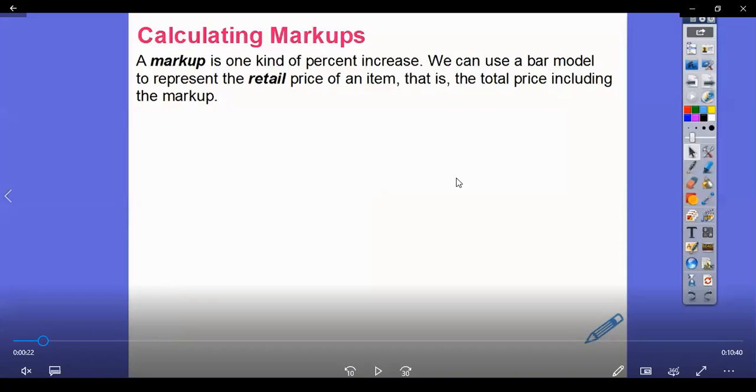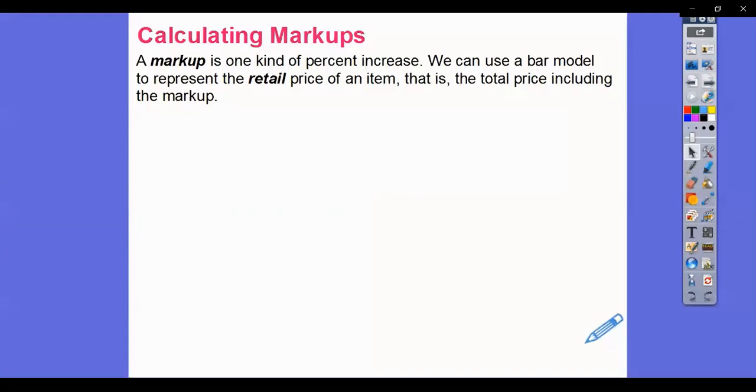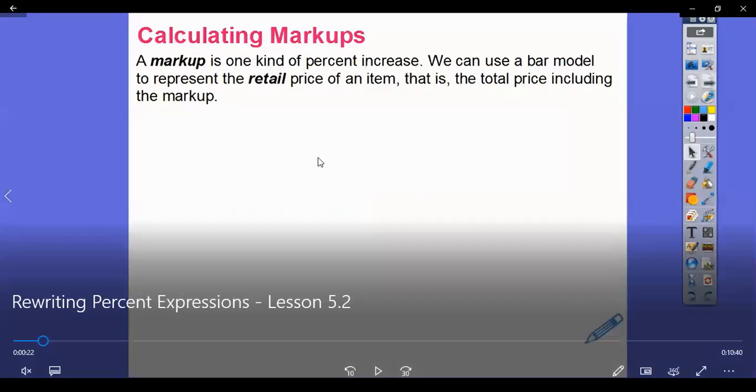We can use a bar model to present the retail price of an item. This is the first time we are going to study the bar model. That is the total price including the markup. Then let me explain to you now what the meaning of a bar model is. In a bar model, we are going to draw a bar.